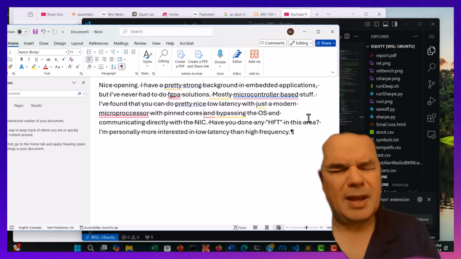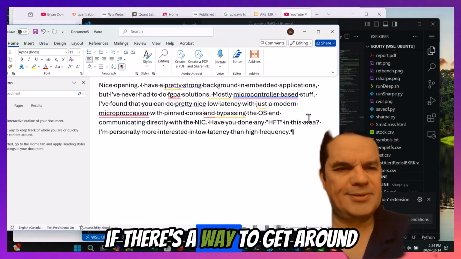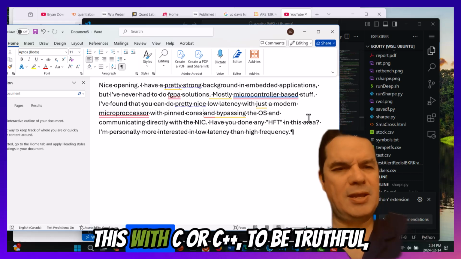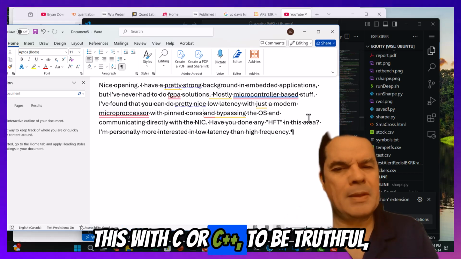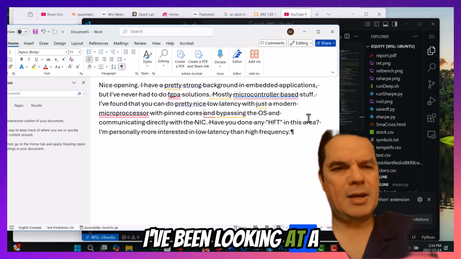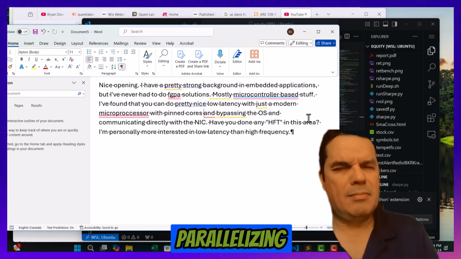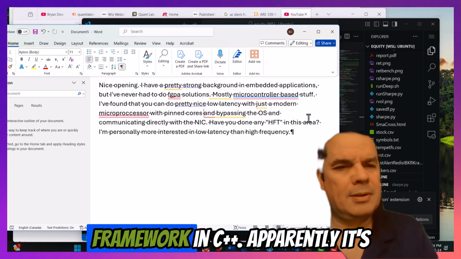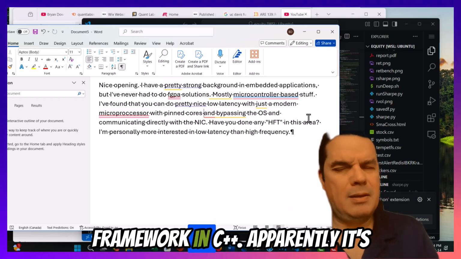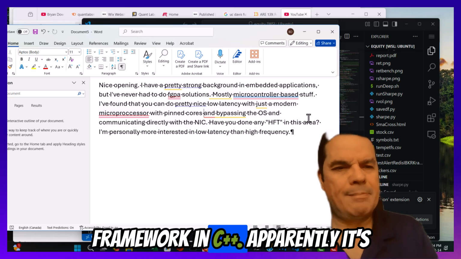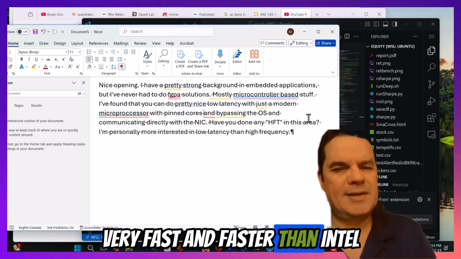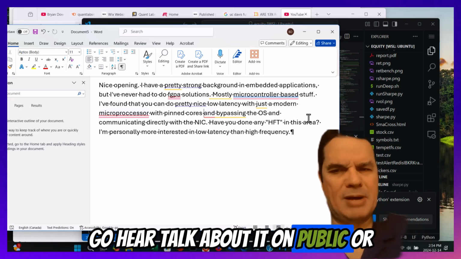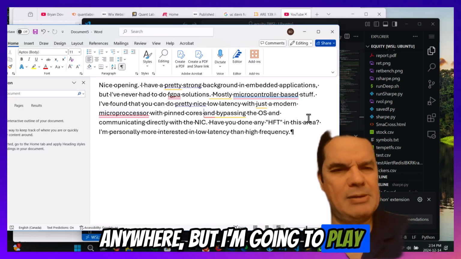But if there's a way to get around this with C or C++, to be truthful, I've been looking at a parallel utilizing framework in C++. Apparently, it's very fast. It's faster than Intel TBB and the like. I'm not going to talk about it publicly, but I'm going to play with it.